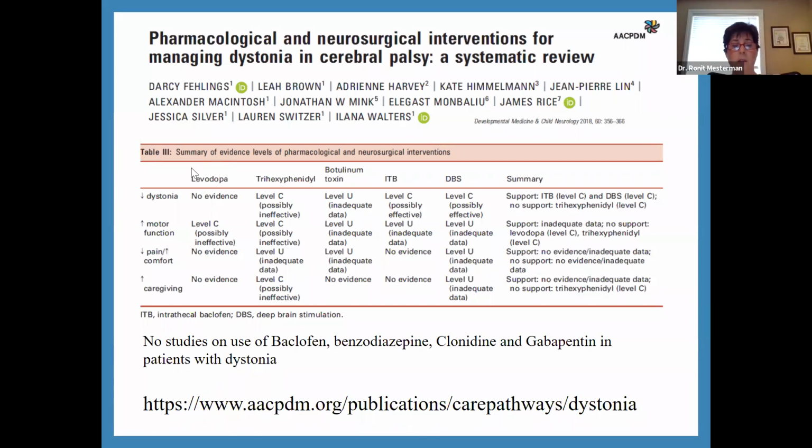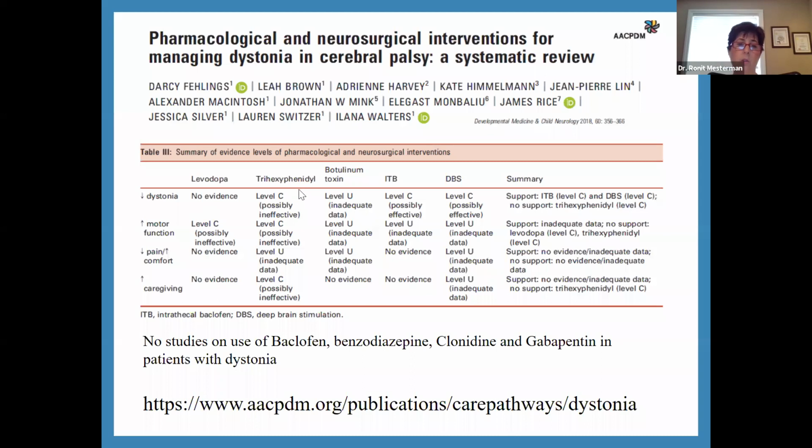And as you can see, levodopa, only in regard to motor function, is actually a level C and showed possibly an ineffectiveness to reduce the dystonia itself, reduce the pain. It had no evidence.